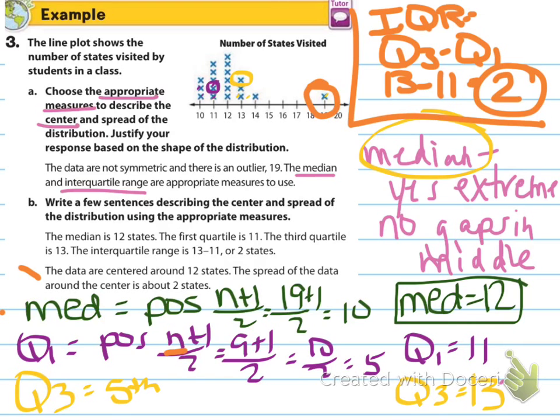So you see that the median is 12, quartile 1 is 11, quartile 3 is 13. I subtract those to get 2. I showed everything here. Again, median is the way to go because we have an outlier. Anytime we have an extreme amount, we have to use median, as long as there's no gaps in the middle.